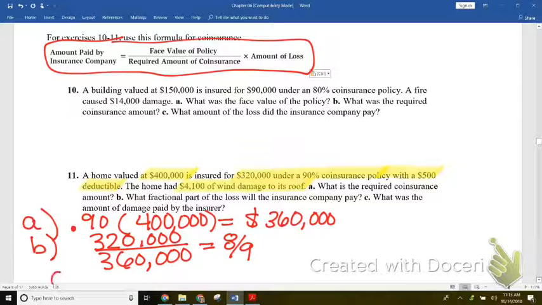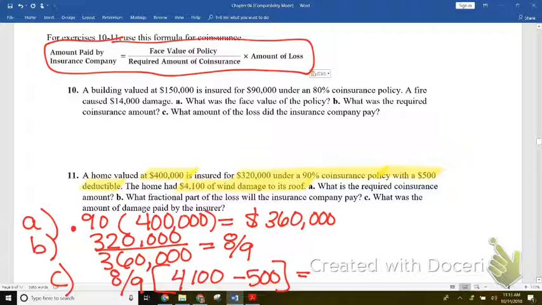Finally, we want to figure out their total out-of-pocket cost versus the insurer's cost. The insurance company is going to pay 8/9 of the total cost minus the deductible. So the total cost of the damage was $4,100. The deductible is $500, so the family would pay that $500 out of pocket.